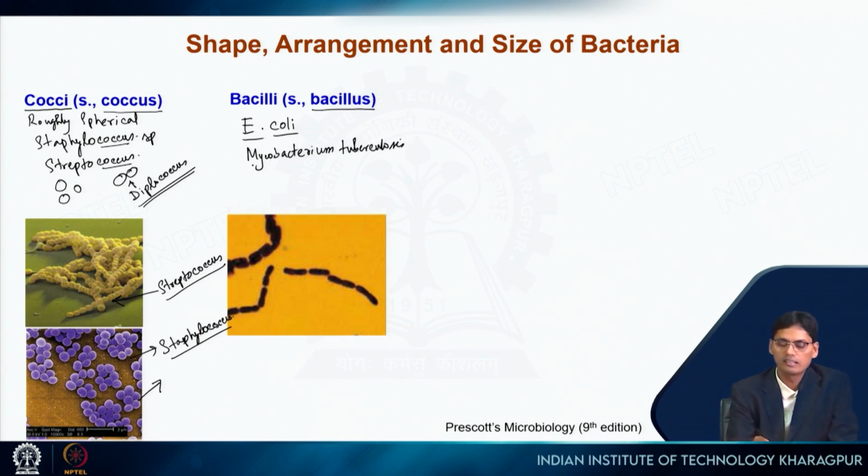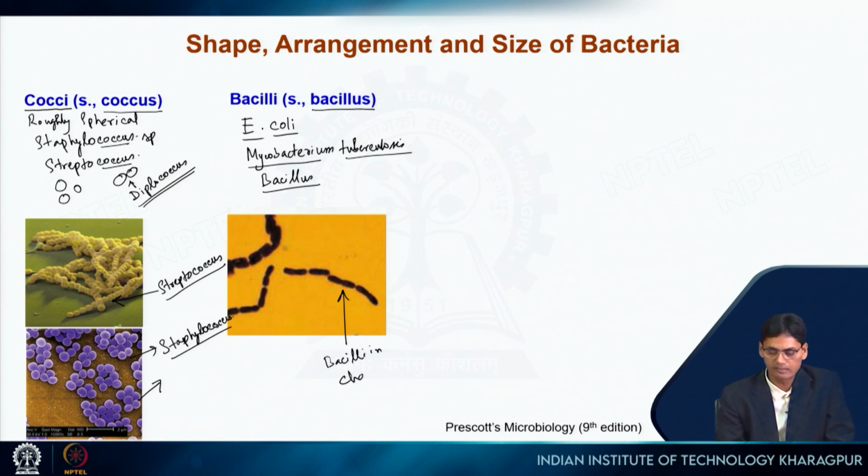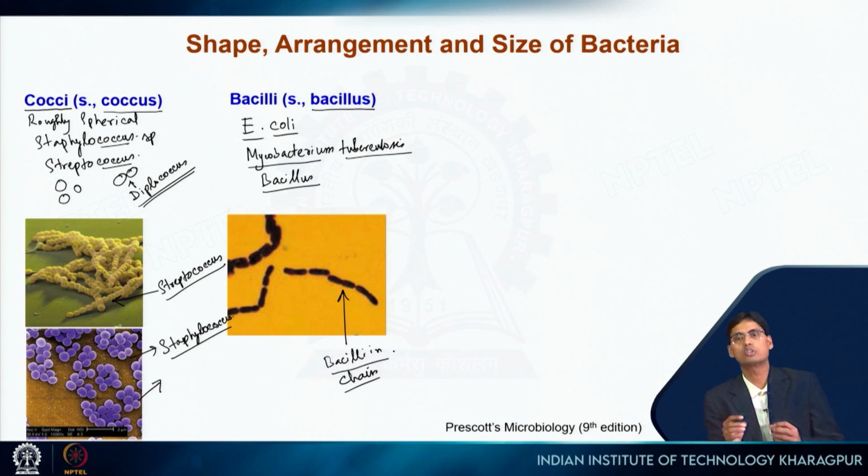There are many species of bacillus. In their name itself, bacilli is there. All of them have a slender, rod-like structure, and this is called bacillus. Here you can see bacilli in chain. Again, during division they are not getting separated, so they are staying in chain.